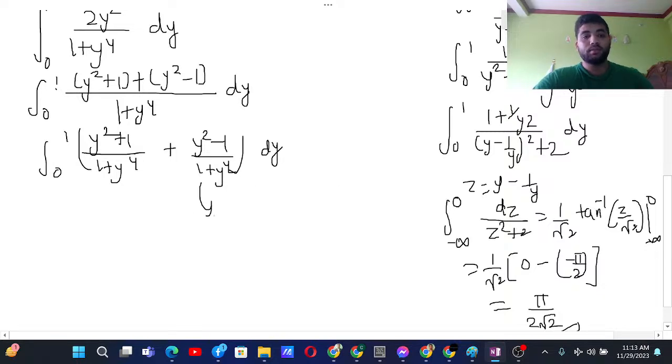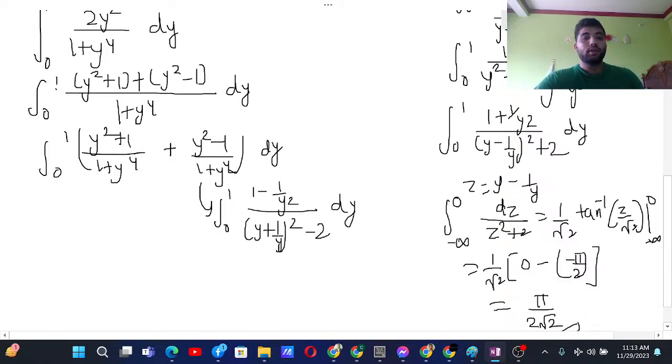For this integral, we will have the integral from 0 to 1 of 1 minus 1 by y square over y plus 1 by y whole square minus 2 dy. Now we'll let this be g.